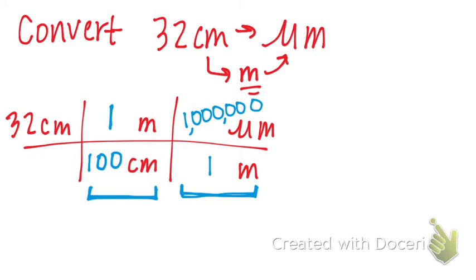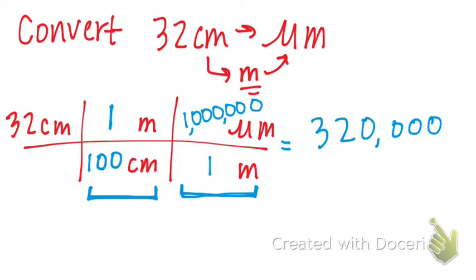So now I do the math. I multiply across the whole top, divide by the whole bottom. So 32 times 1,000,000. I hit enter. Then I'll divide by 100. And I get 320,000.